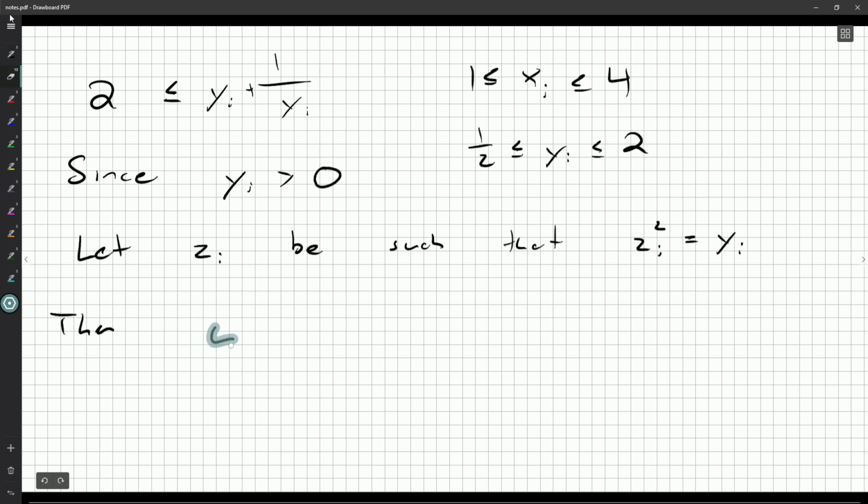Then what can we say? Well, we can see that zi squared plus 1 over zi squared is greater than or equal to 2. But if I add 2 to both sides, the left-hand side here turns into a perfect square.